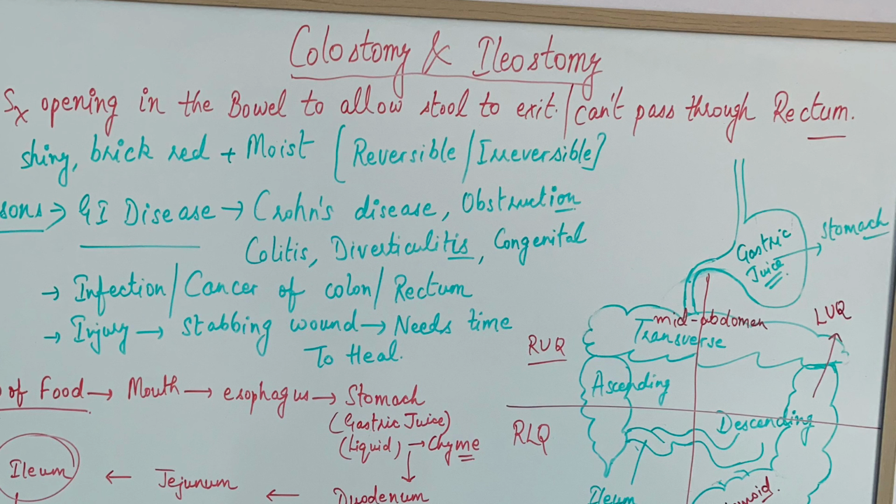For a healthy ostomy, they should be shiny, brick red and moist. Depending upon their location and the cause of colostomy and ileostomy, these can be reversible or irreversible.